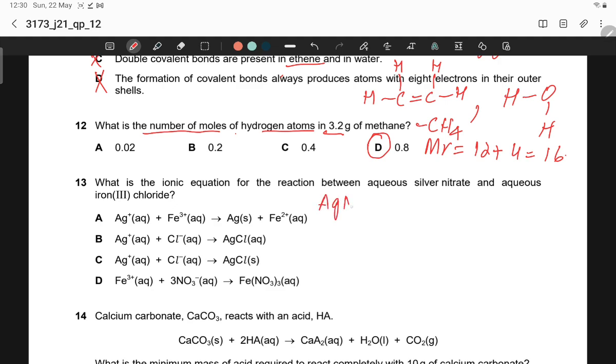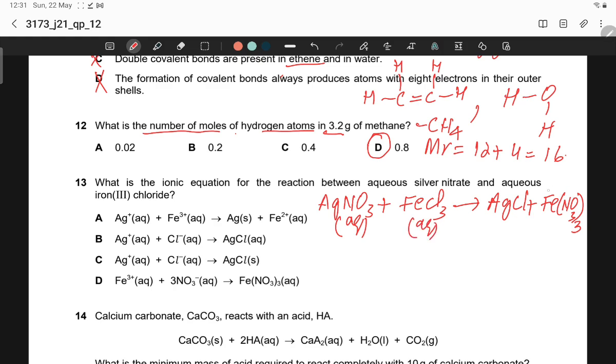Silver nitrate and FeCl3 give AgCl plus Fe(NO3)3. AgNO3 is aqueous, FeCl3 is aqueous, AgCl is solid, and Fe(NO3)3 is aqueous.